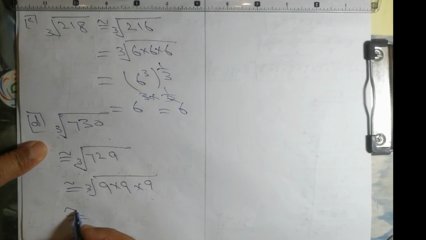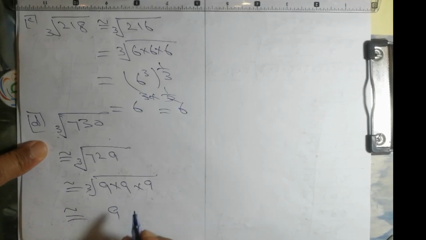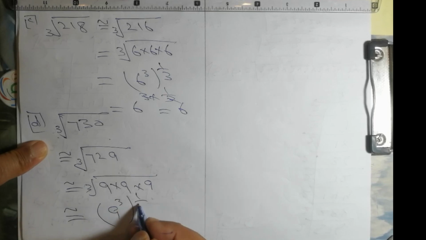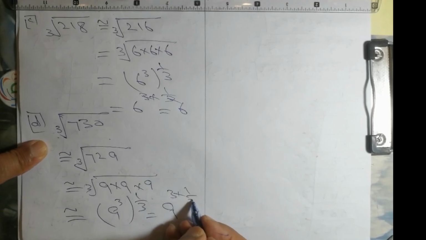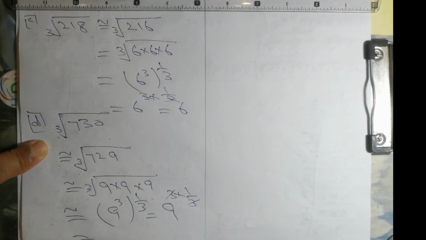So that is approximately equal to 9 raised to power 3 and whole power 1 by 3. So 9 3 into 1 by 3, this cancelled, so answer is 9. So this is the answer.